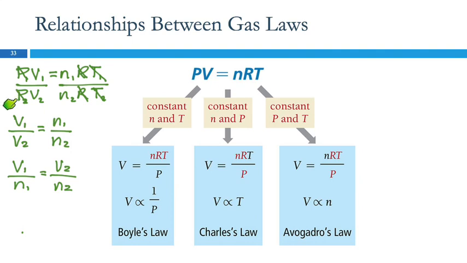This is how you find an equation that you need. Okay, any questions? It's completely okay that this doesn't look exactly like how we were given Avogadro's law, because if we use this equation, we're going to come up with the same answer anyway.